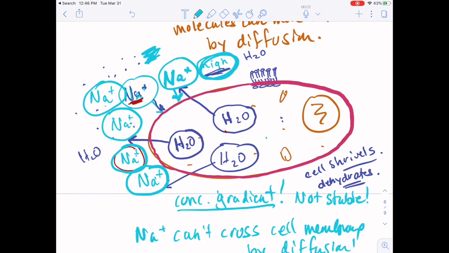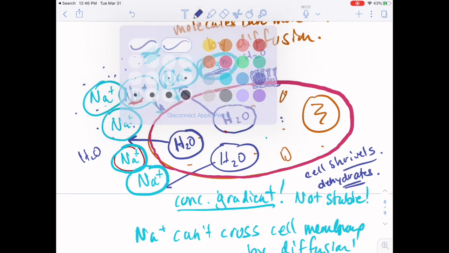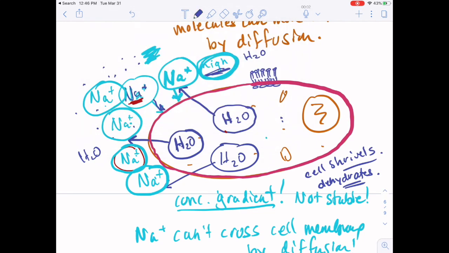Now, water, on the other hand, is allowed to cross the membrane. As you recall from last time, there's cytoplasm in the cell. This is water-based, so there's a lot of water inside the cell, and the water will actually exit the cell in an attempt to dilute out this sodium ion concentration outside the cell.